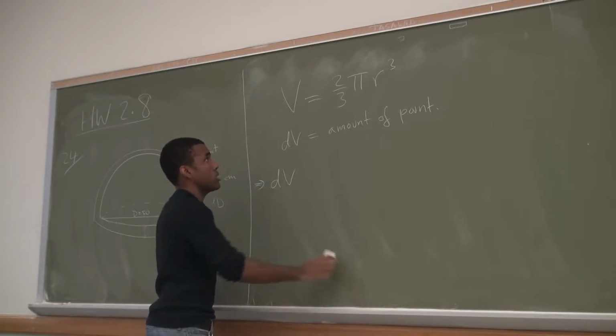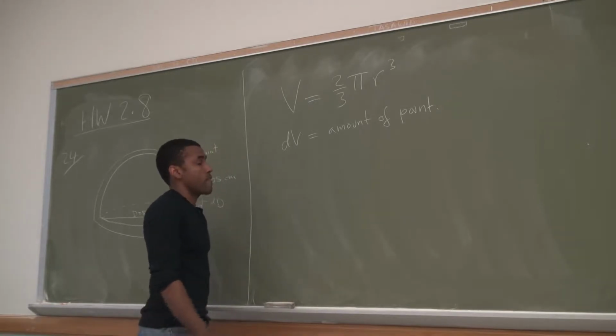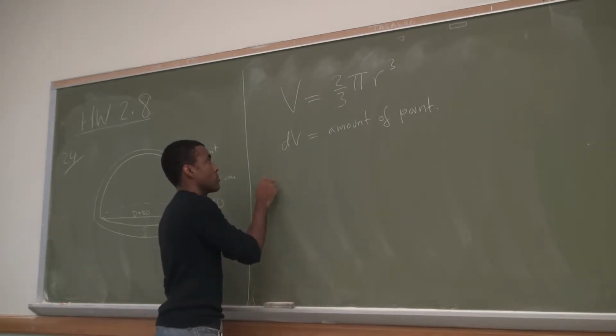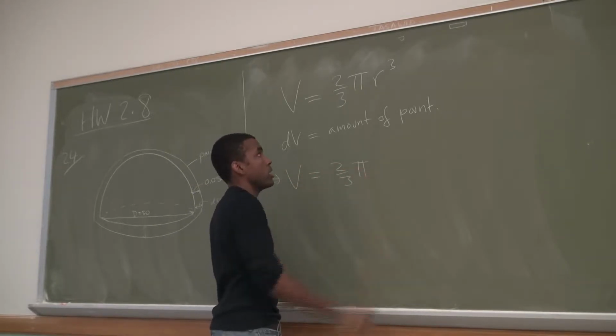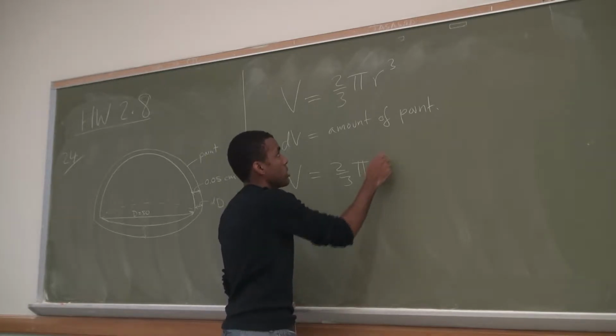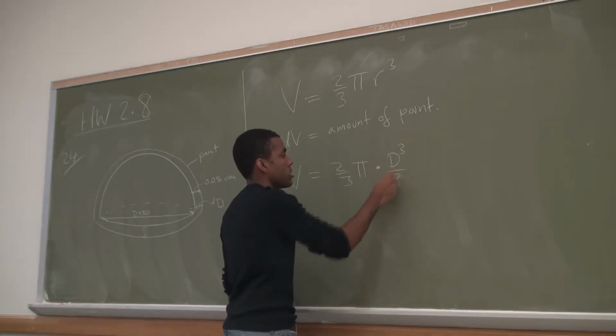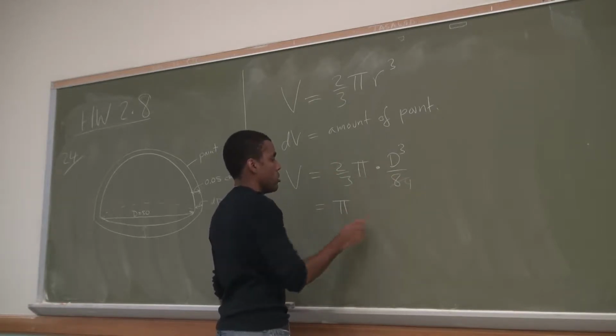Oh, by the way, don't we need to change this? Because we know about diameter. We have V equals 2/3 pi r cubed. R is half the diameter, so this is d cubed over 8. This goes with the 4, so it's d cubed over 12.